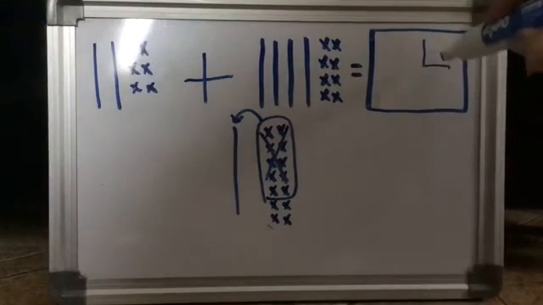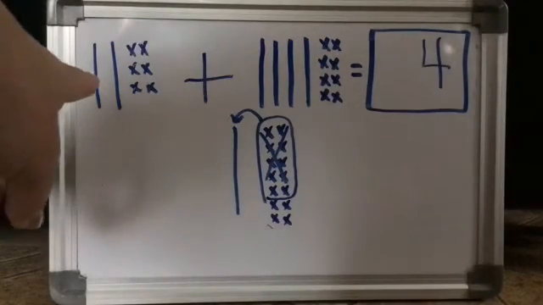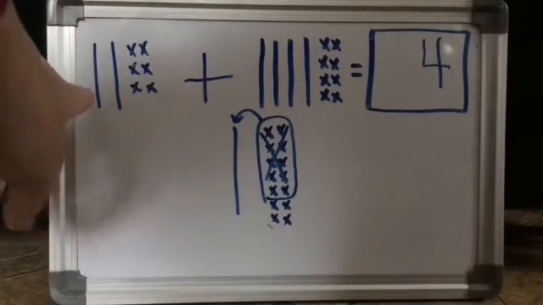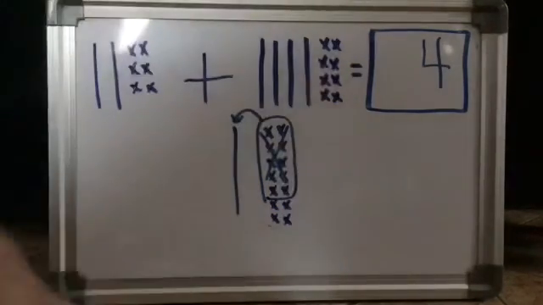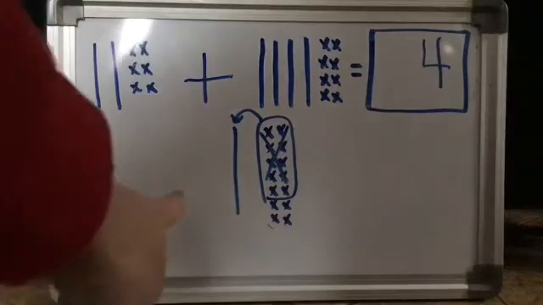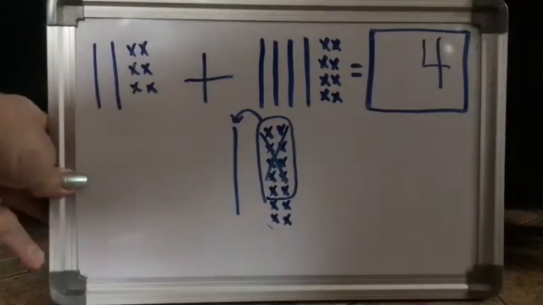So I have 4 cubes left. And now I can add my rods from my original numbers. 1, 2, 3, 4, 5, 6. So I'm going to take those rods and add them over here next to the fair trade rod that we just made. So I have 1, 2, 3, 4, 5, 6.